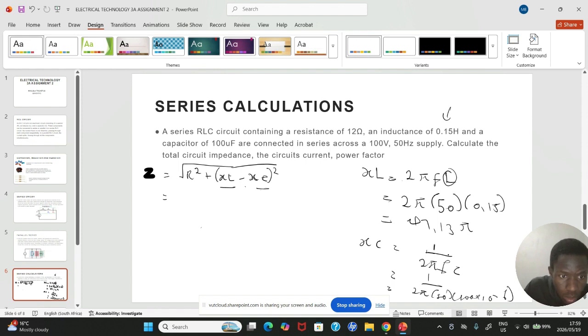Then the answer here is 31.8 ohms. Don't forget to write ohms.